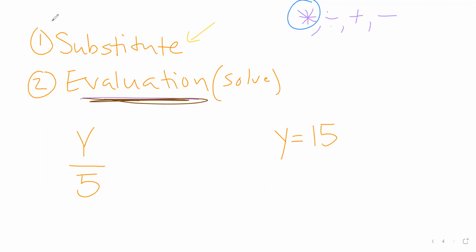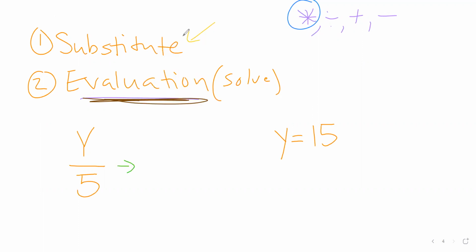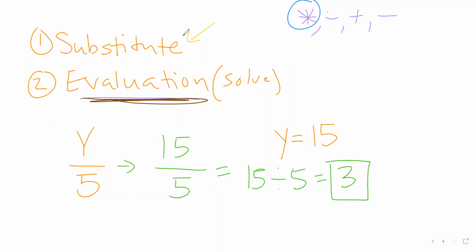Step 1, substitute. So I'm just going to rewrite this, and instead of y, I'm going to write 15. And the 5 stays the same. And this is just a top-heavy fraction, which I can convert by dividing because fractions are division problems. So 15 divided by 5 is equal to 3. So when I evaluate this, I get the answer 3.